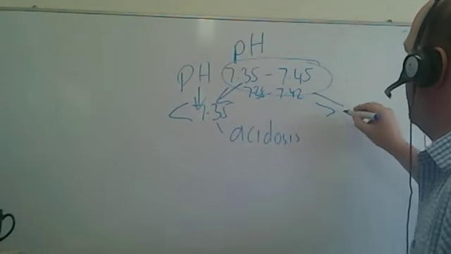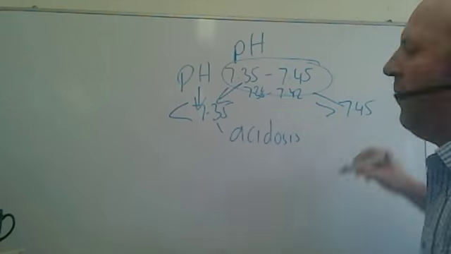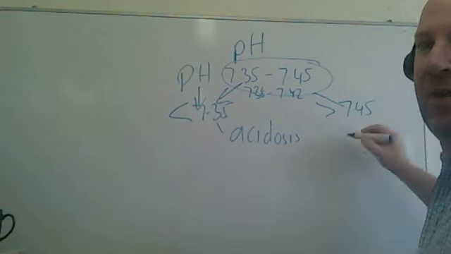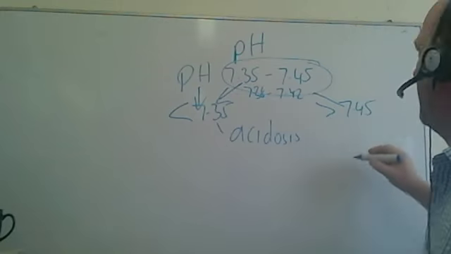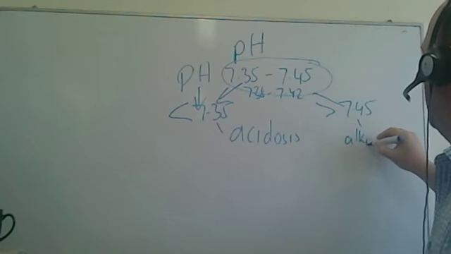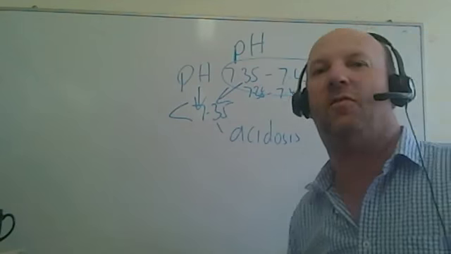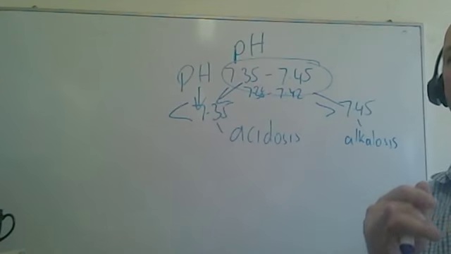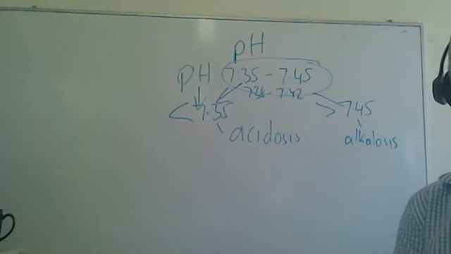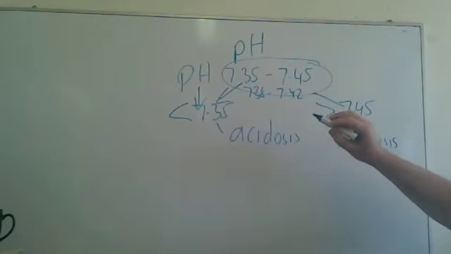If you look at it and it's greater than 7.45, then what do you have? Then you have alkalosis, no doubt at all. So that's the first step. pH greater than 7.45, alkalosis. Less than 7.35, acidosis. Bingo. So we know from that.